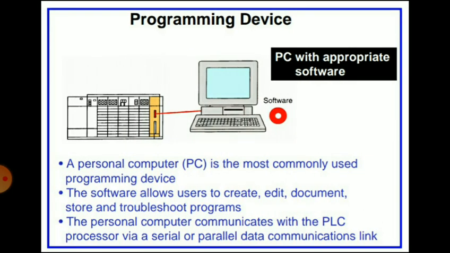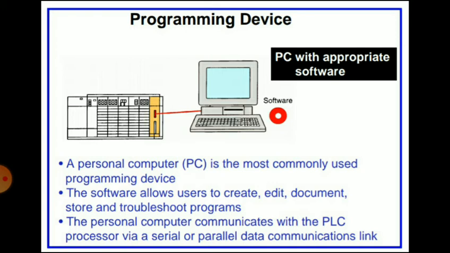Then programming device. The programming device is used to enter the required program using ladder logic into the memory of the processor. The sequence of operation and ultimate control of equipment or machinery is specified and determined by the ladder program. The programming device is normally connected to the controller.